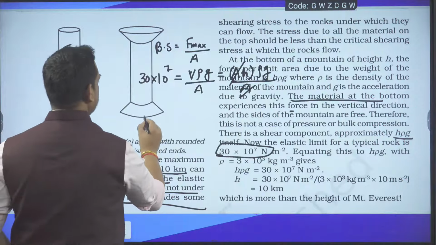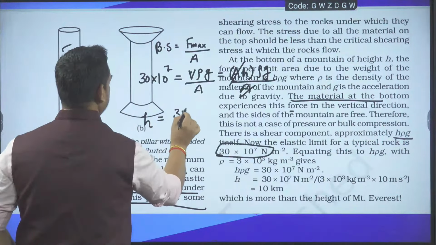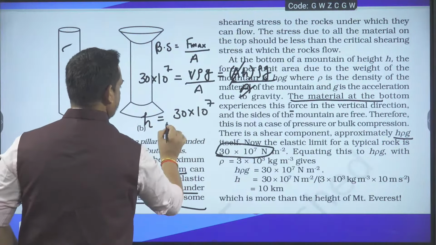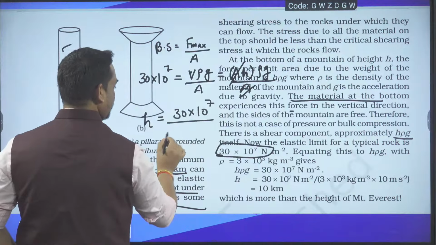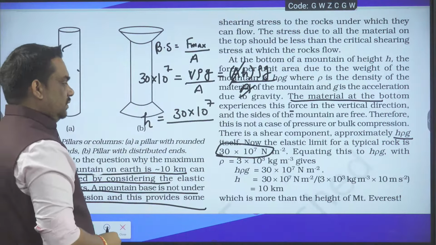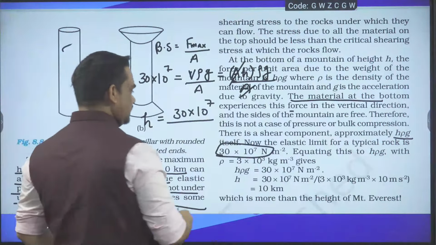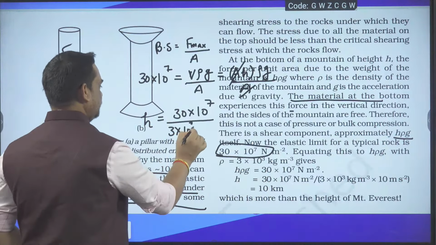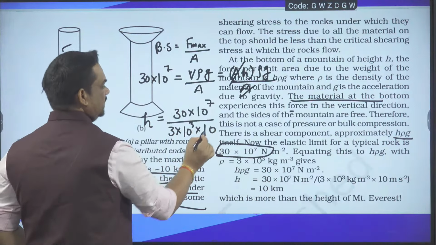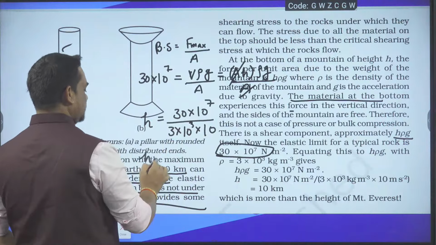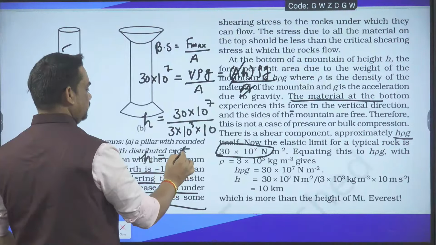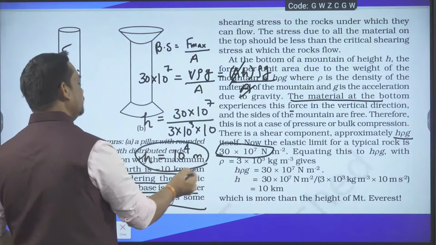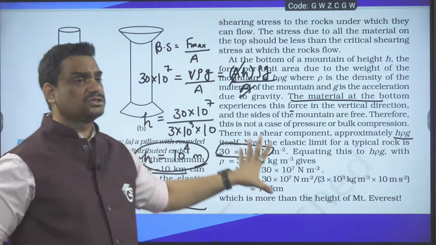So from here H becomes 30 into 10 power 7 divided by rho. Rho is roughly taken as 3 into 10 power 3. So I can say 3 into 10 power 3. g is 10 here. So now you can see this H becomes basically 10 power 4 meter or 10 kilometer. Approximate calculation. We have done the approximate calculation.